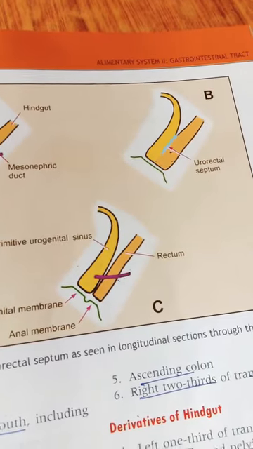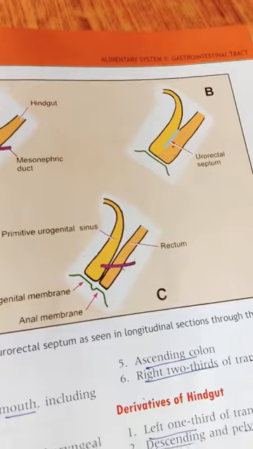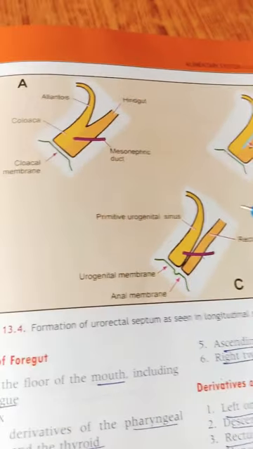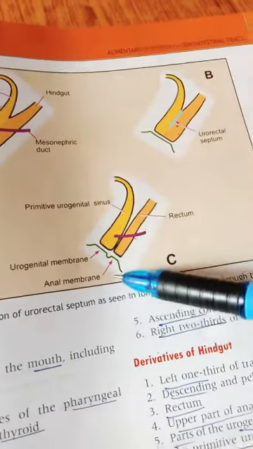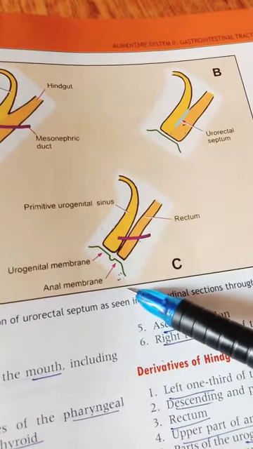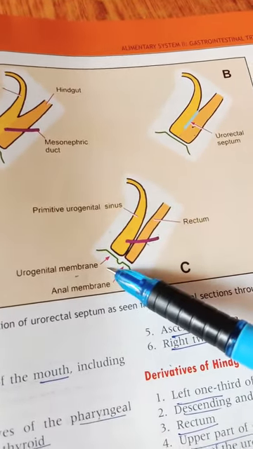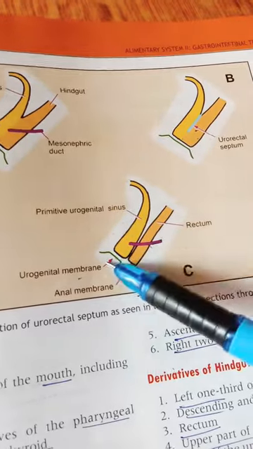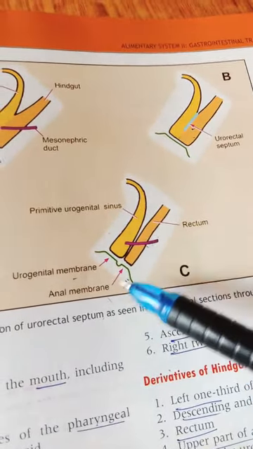And next what happened is this urorectal membrane or septum grows towards the cloacal membrane. So yeah, I can see this is a cloacal membrane first. This is growing towards the cloacal membrane, and now the cloacal membrane is further fused with it, and is further divided into the ventral urogenital membrane, which is associated with the urogenital sinus, and the dorsal anal membrane, which is in association with the rectum.